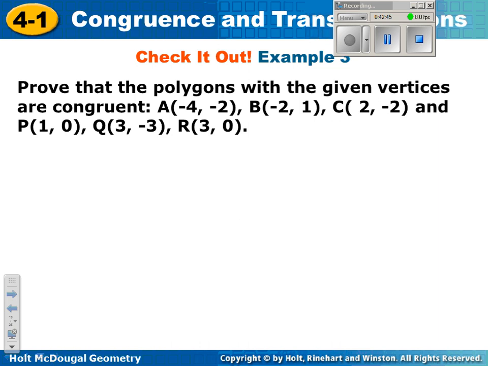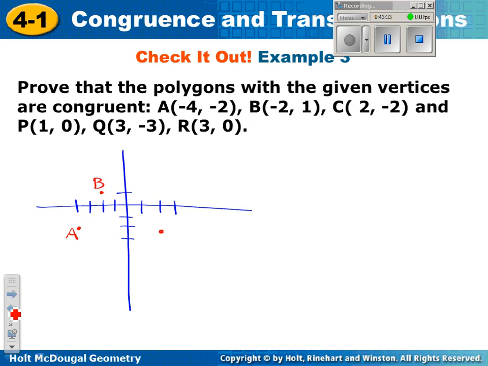Yes, exactly. Is that making sense? Okay. Is your picture turning out to be congruent?